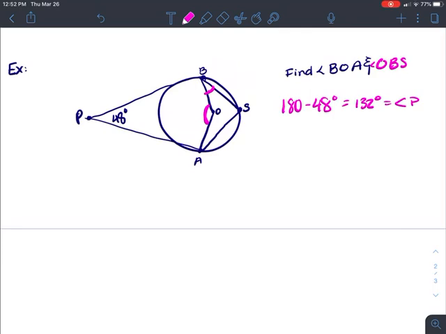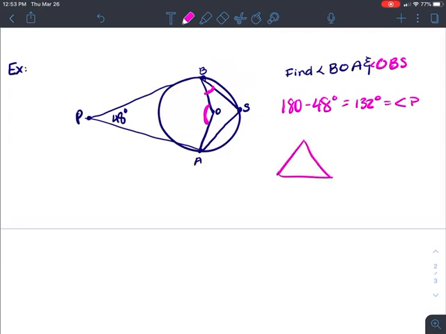Now we're going to use the fact that angles BOA and the points B, A, and S form a triangle. So we're going to pull this out and say that this is a triangle.